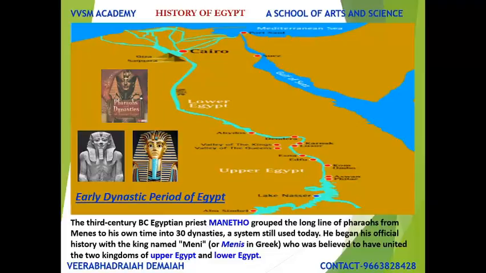It is nothing but the unification of Egypt in those days by Pharaoh Menes, the important person who controlled both Lower Egypt and Upper Egypt in his regime.